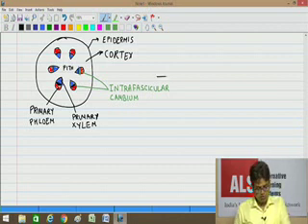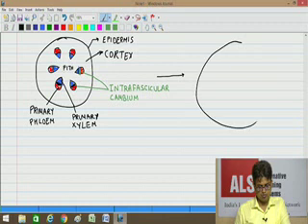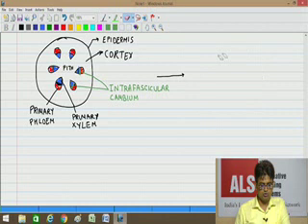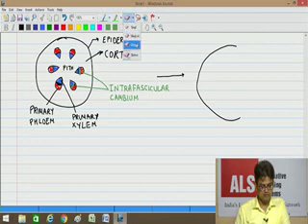So now this diagram is almost going to be the same. I am going to draw a slightly larger circle, a slightly larger circle than previous.